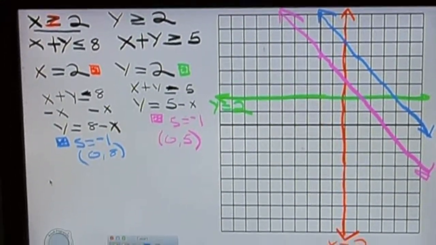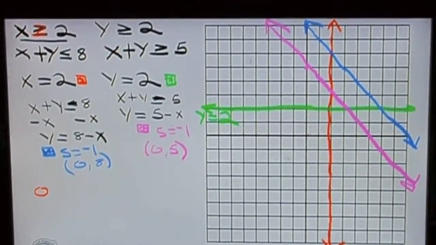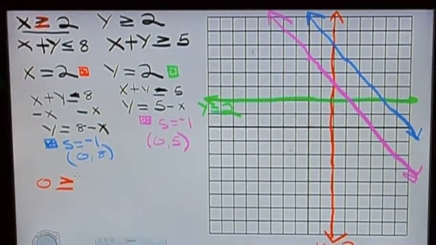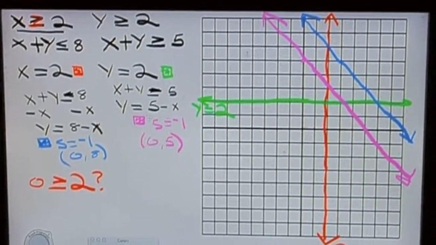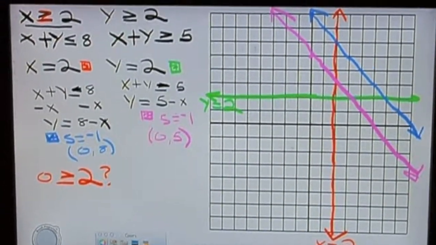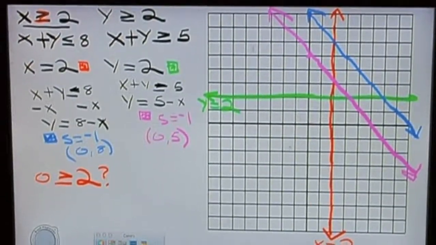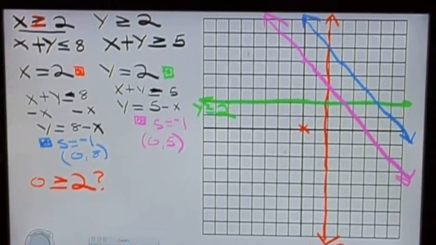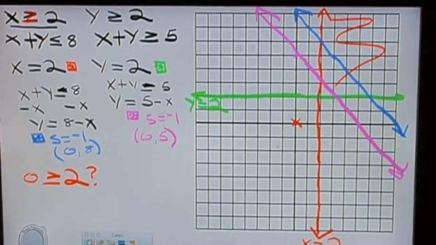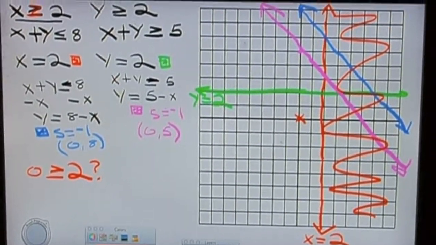So you plug 0 in for x, and you ask yourself, is 0 greater than or equal to 2? And it's not. So you're going to shade on the side of the line that does not contain the point 0, 0. So in this case, you're going to shade on your right.